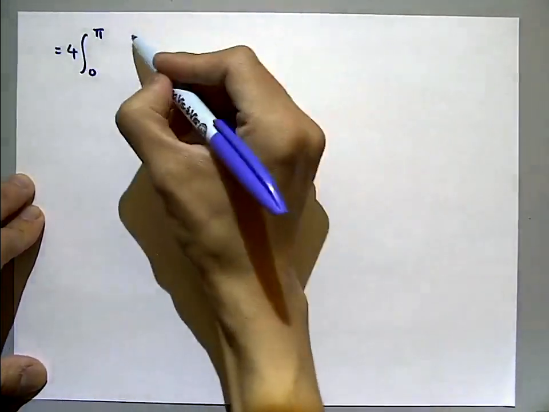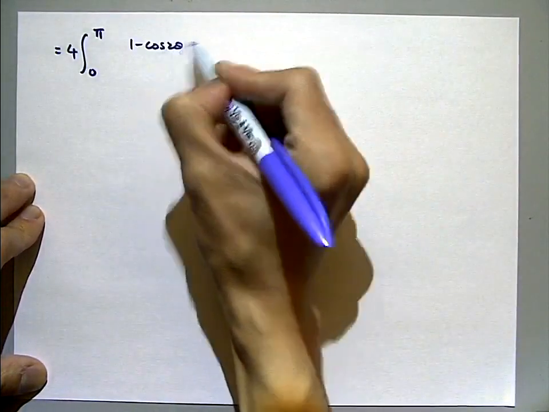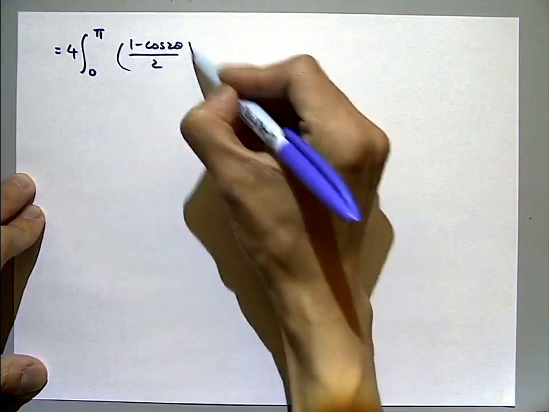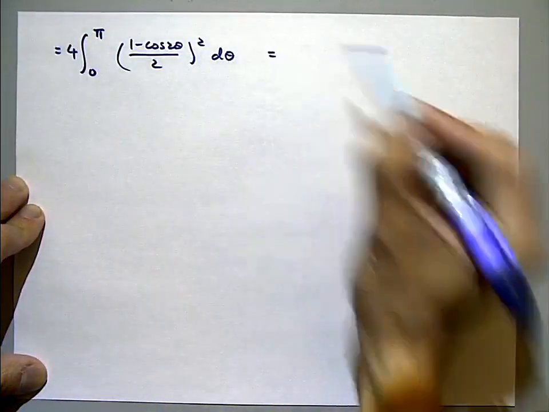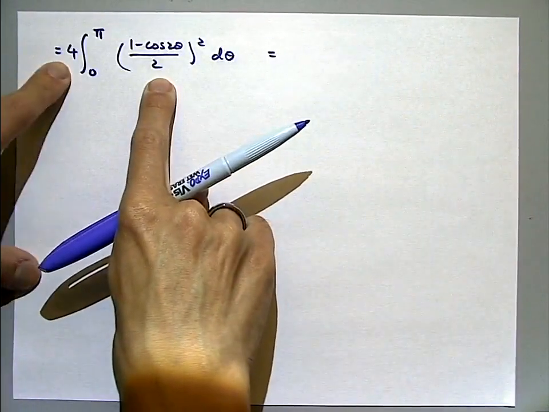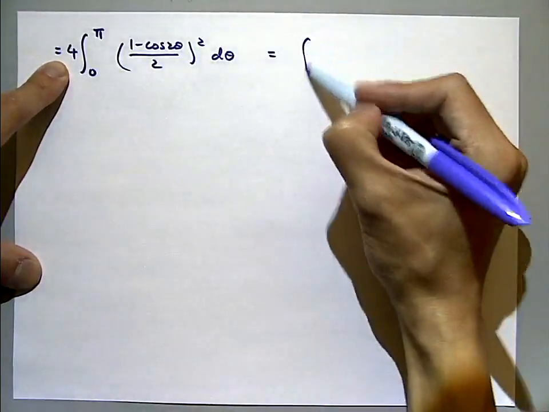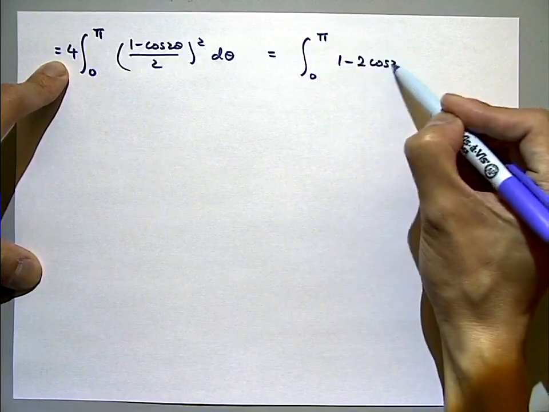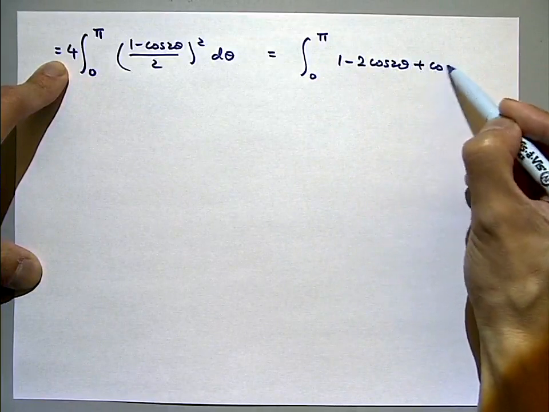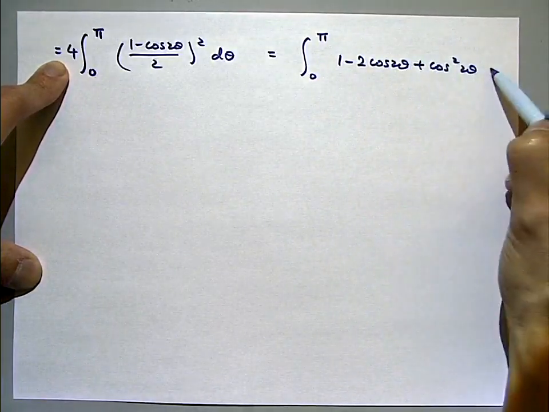So it's 1 minus cosine 2 theta over 2 squared d theta. There's a 1/4 and the 4 out there. Those cancel. So 0 to pi, 1 minus 2 cosine 2 theta plus cosine squared 2 theta d theta.